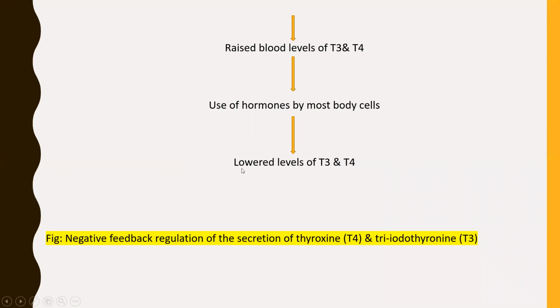When there is a lowered level of T3 and T4 in blood, they stimulate the hypothalamus for further secretion of the hormone. This is the negative feedback regulation of the secretion of thyroxine and triiodothyronine.